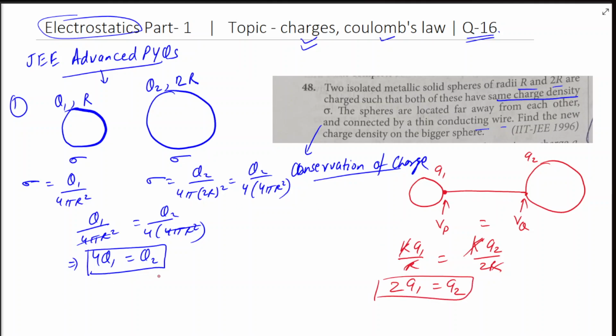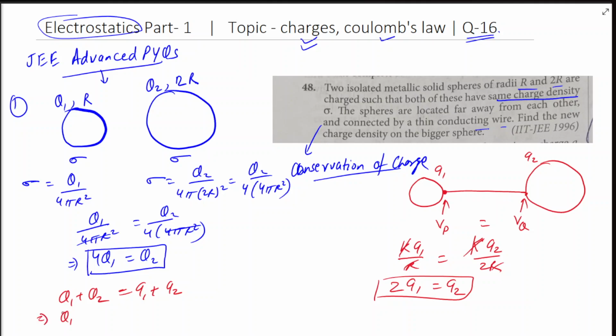Now we can use another property which we call charge conservation. So what is that? q1 plus q2 should be equal to capital Q1 plus capital Q2, because charges should be conserved. Charges are exchanging from one sphere to another, but the sum of all the charges on both spheres should be constant.